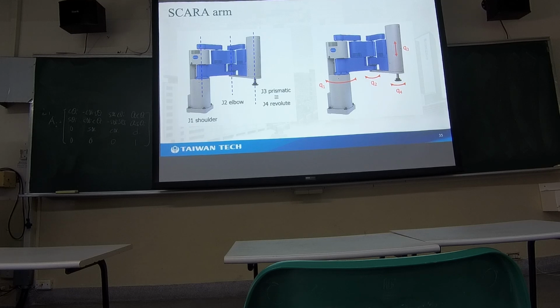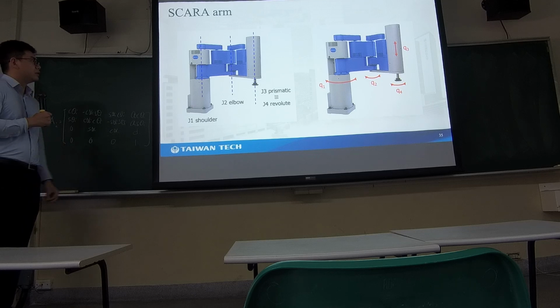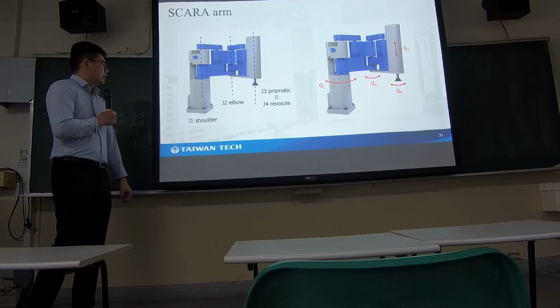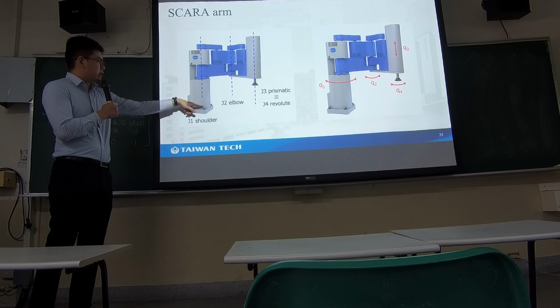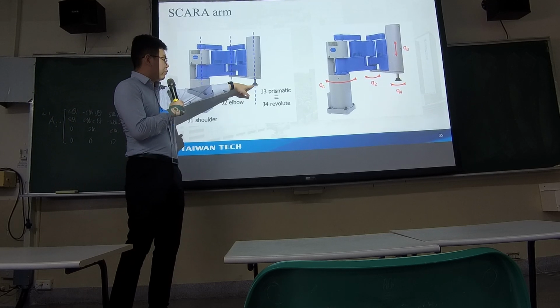First, you need to set up your coordinate frame. And to set up a coordinate frame, you need to follow the 3 or 4 rules we just introduced. As you see, our base frame is here, and our end effector frame will be here.